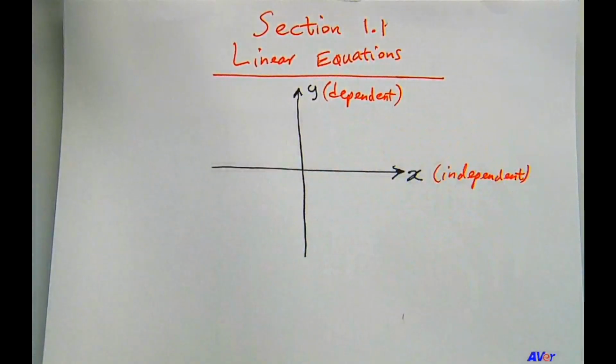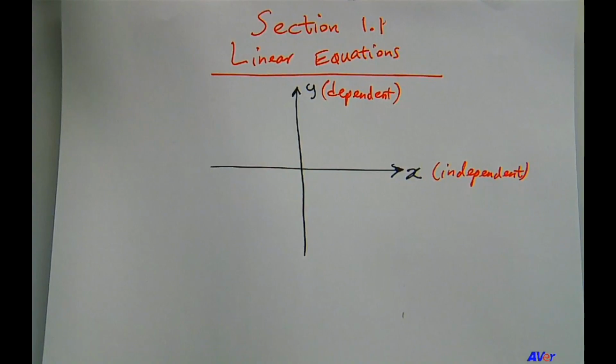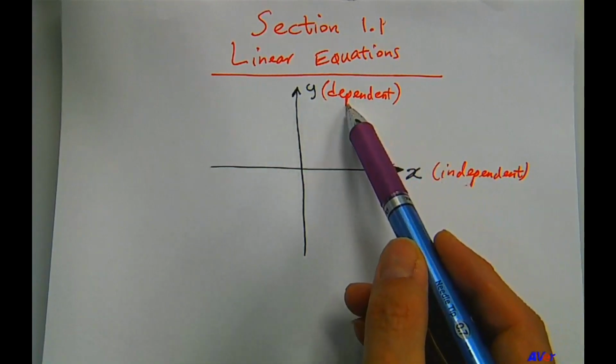This is the most important aspect of this set of axes. That's the real purpose why we study this set of axes, to model a relationship between an independent variable and a dependent variable.